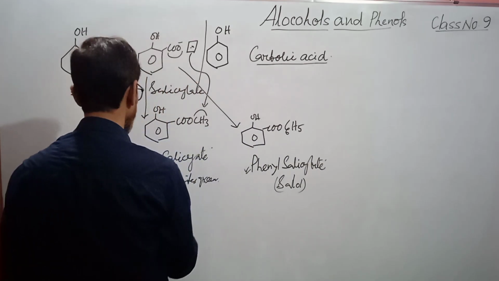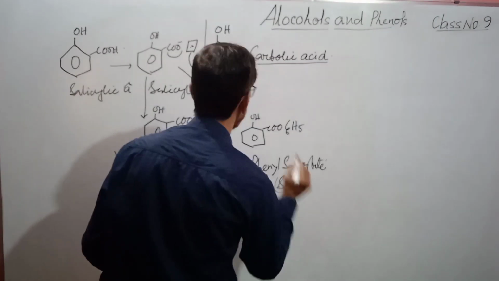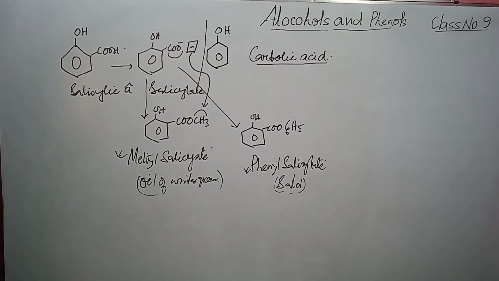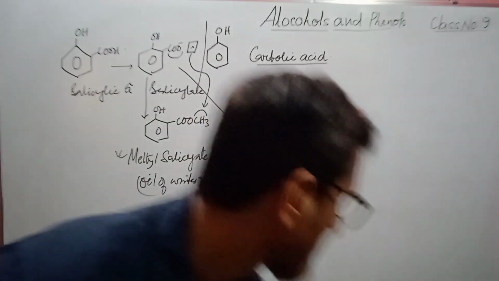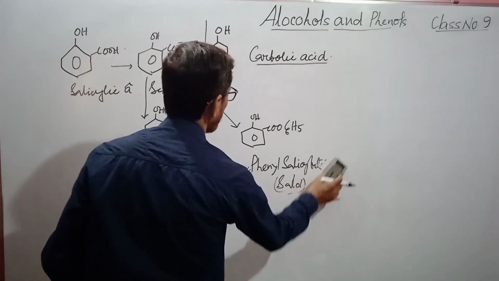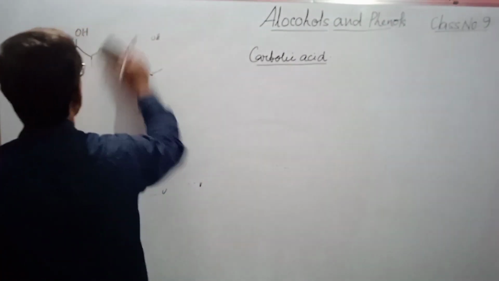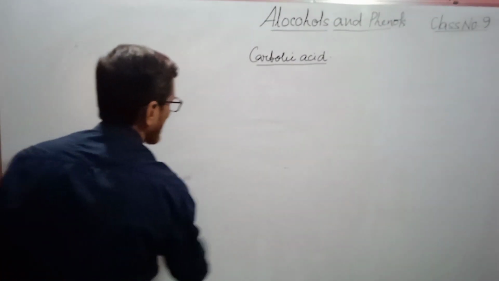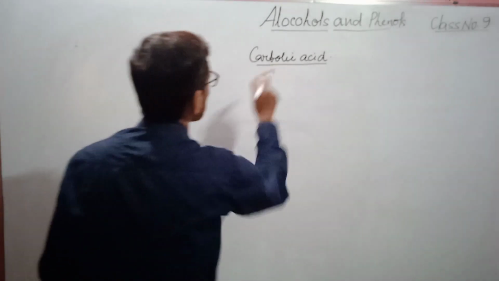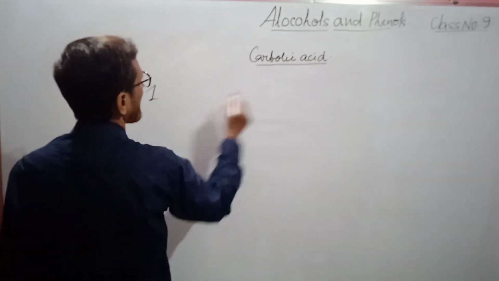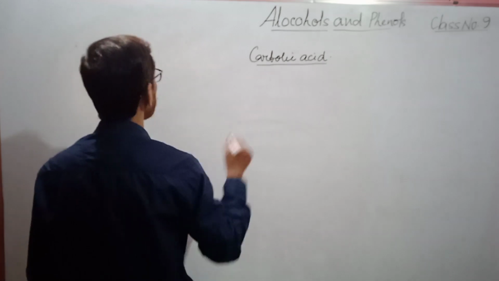It is common name, it is another name. So this is how you should keep the name of the reagent in your mind. Am I right? Now we are trying to prepare carbolic acid, means phenol.